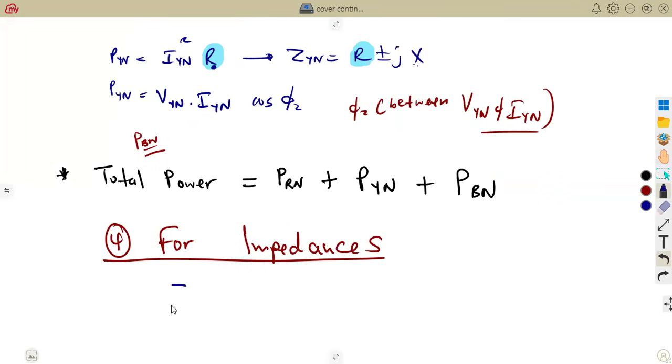It is different. The impedance of the red phase cannot be equal to the impedance of the yellow phase. It can't be equal to the impedance of the blue phase. It's different. So that is unbalanced three-phase loads. That is how they are going to be like. So please be careful, guys.